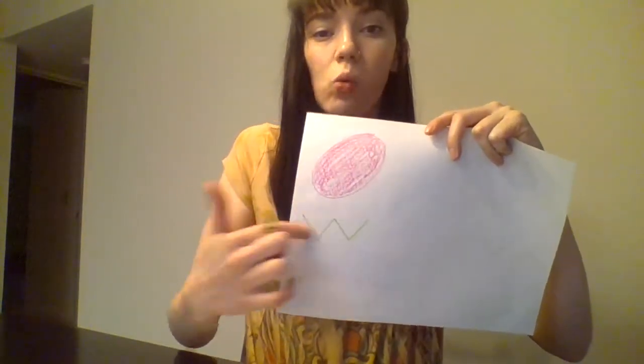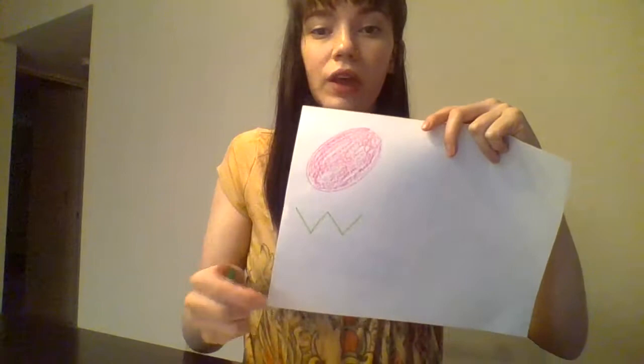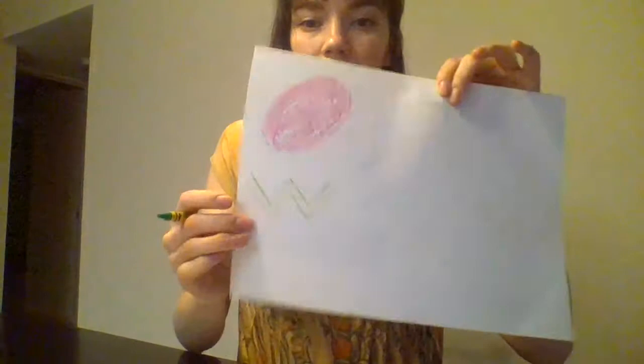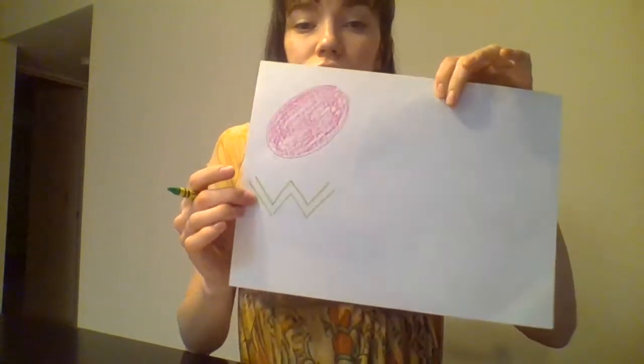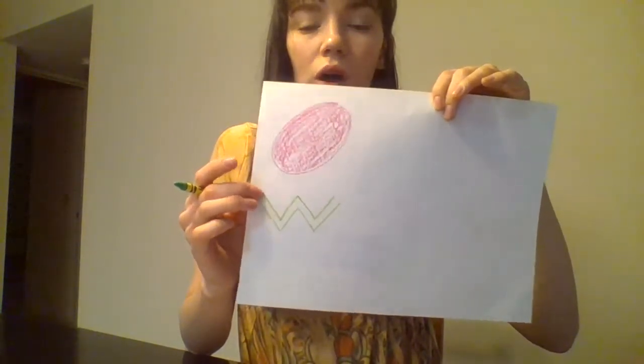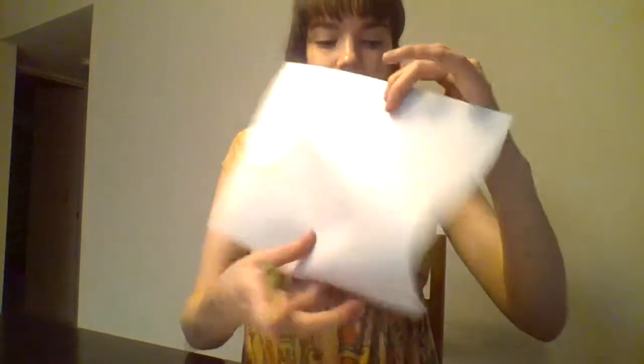Now underneath that, I'm going to make another W, staying pretty close to the one I already made. And I want my points to be exactly in line with the points I already created. Just like that. So now I have two big W's, and I'm going to close off the ends here.